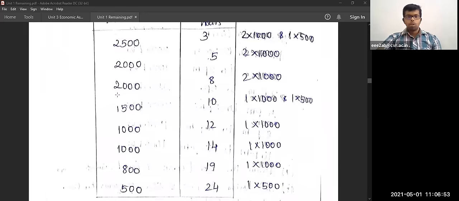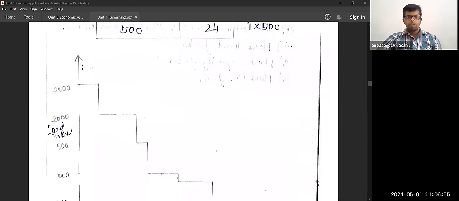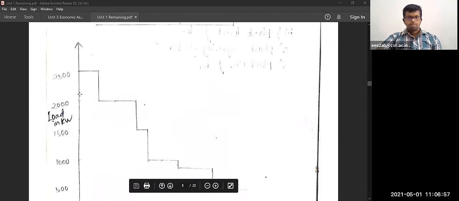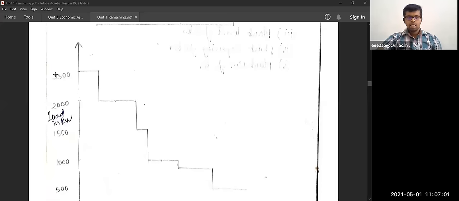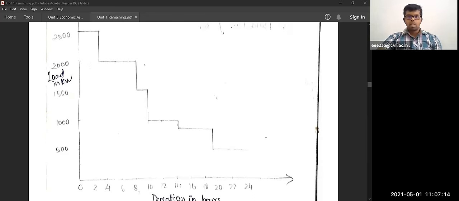Or otherwise, the load duration curve. If you look at the load duration curve, the first unit is just the topmost, where the curve starts, and that will be the maximum demand. So by that also you can identify it.